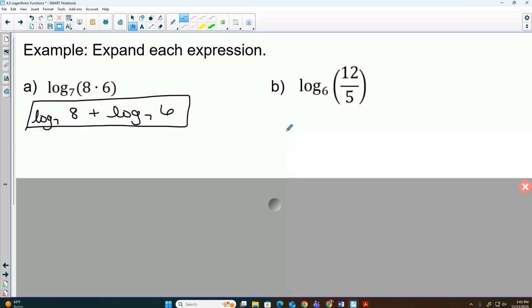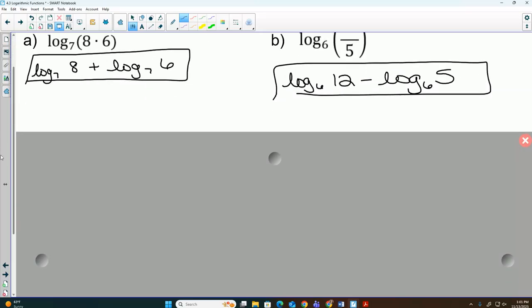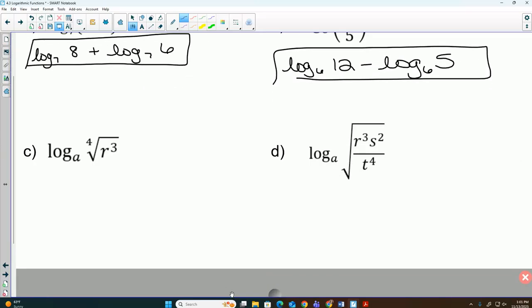How would I rewrite this? If I have log base 8 of the 4th root of r cubed, I could write that as r to what power?